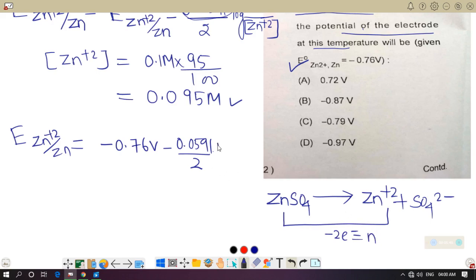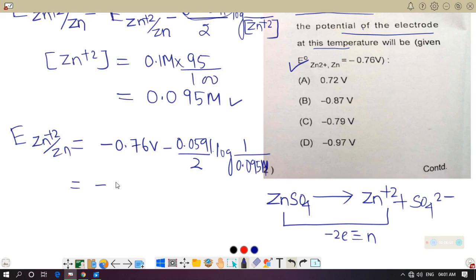Now log of 1 by the Zn2+ concentration after dissociation, that is 0.095 molar.